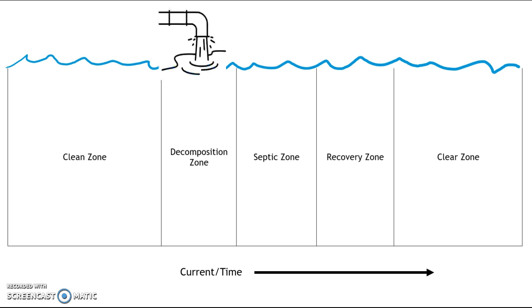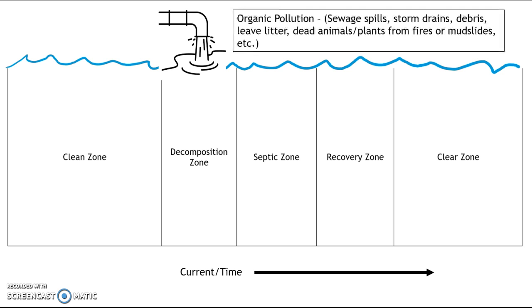So let's say our dumping is occurring right by the decomposition zone, and what's being dumped here is organic pollution. Organic pollution is pollution that came from or was once living. So this could be sewage spills that include fecal matter from humans or other animals. It can be storm drains that have picked up debris on the way.